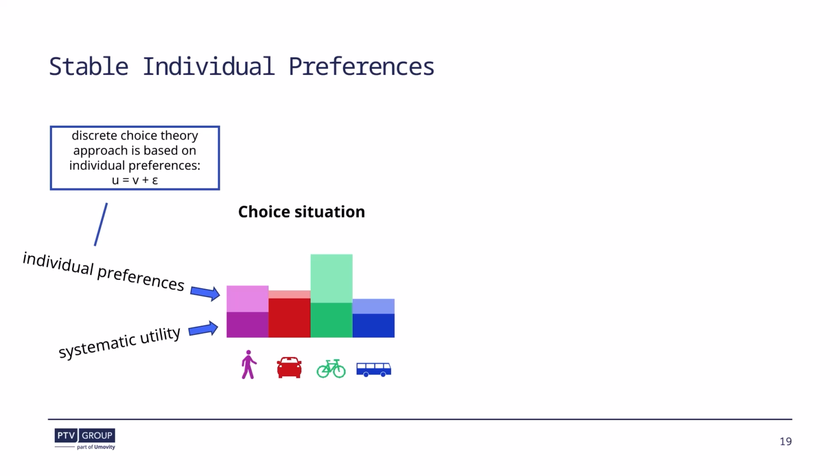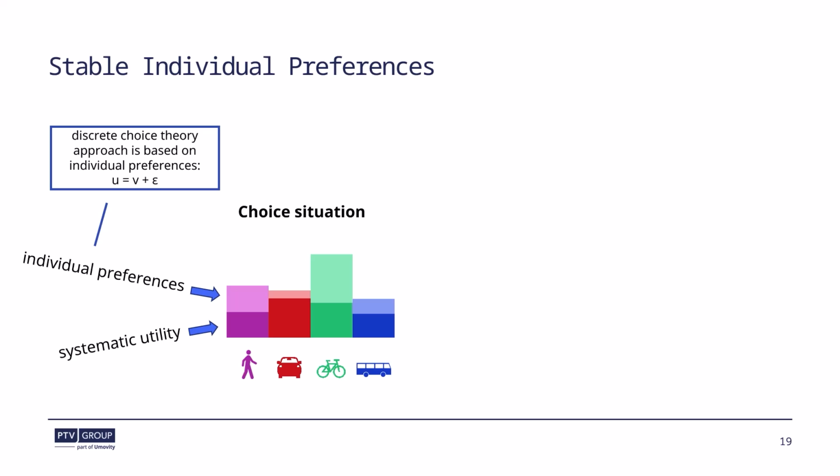But there's also another part, and that could be called individual preferences. In the formula, it is U is equal to V plus epsilon, and this epsilon is the individual preference. And this is different for each person. And it decides also which of these alternatives is chosen, because the sum of both parts make the final utility, and the alternative with the highest utility wins. So in this case, it would be bike.